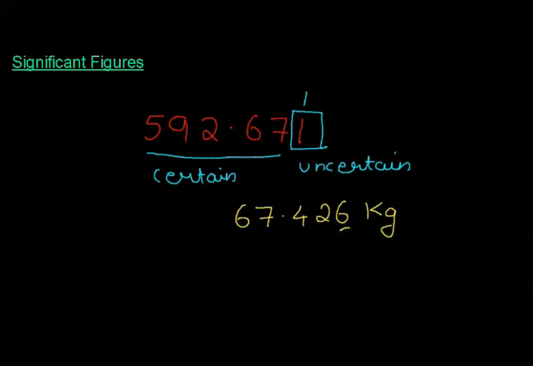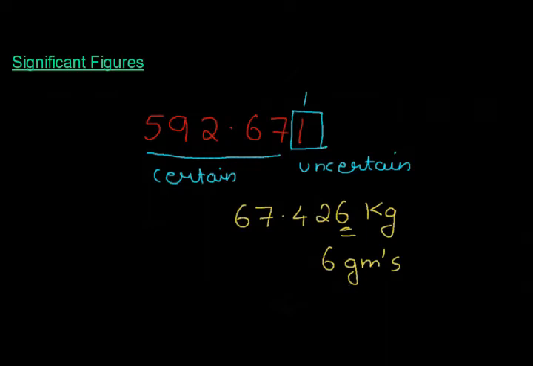Now when you analyze this number, this 0.006 is nothing but 6 grams. So do you at any time express your weight in terms of grams? No, we don't. The reason being this 6 grams is not at all certain.